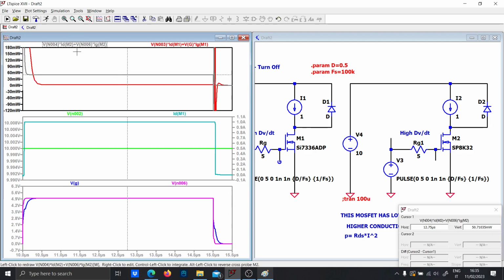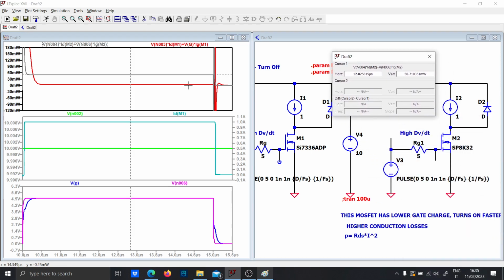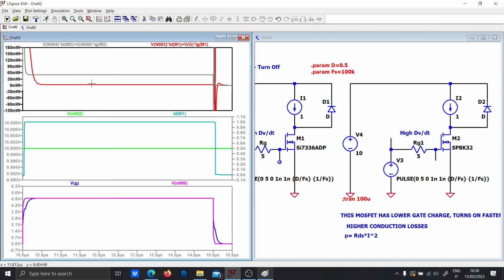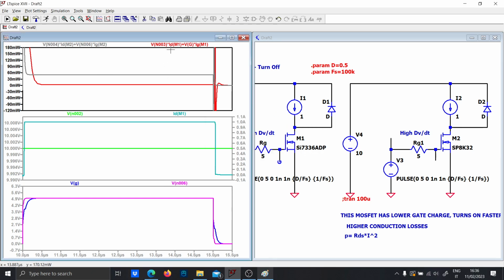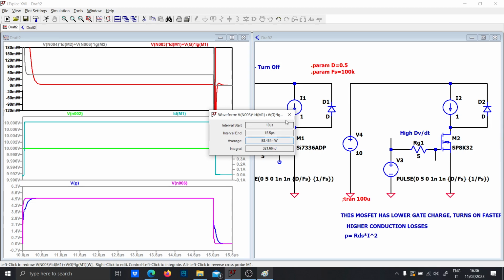As you can see, the dissipated power of the conduction of the MOSFET on the right is higher. It is true that it has a lower gate charge, but as you can see, the dissipated power is 60 milliwatts. So now, if you calculate the integral of this, you should see that the average power is 69 milliwatts, and instead the gate power of this is 58 milliwatts.